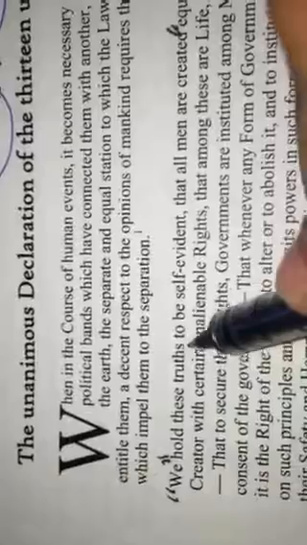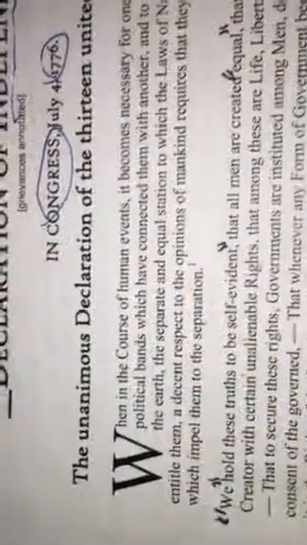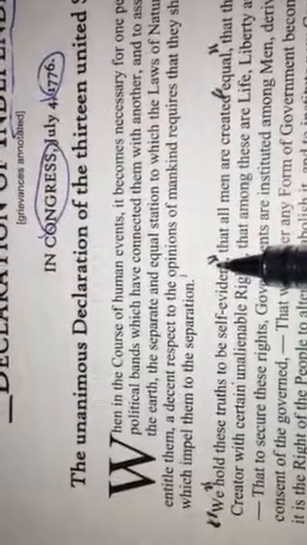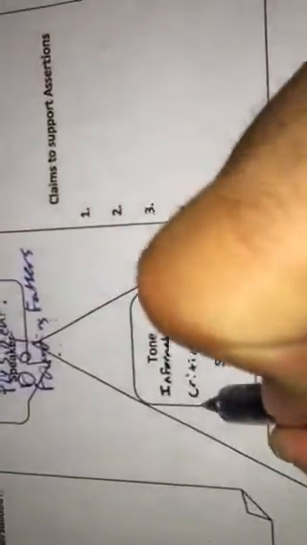Okay? I'm going to go to the same spot in which we found it before. Now, I wouldn't encourage you to use the same evidence all the time, but it says, "We hold," okay? "We hold these truths to be self evident." That whole line right there, starting there and ending there, proves that the tone is very critical. Okay? Going back to our sheet here, "We hold these truths."